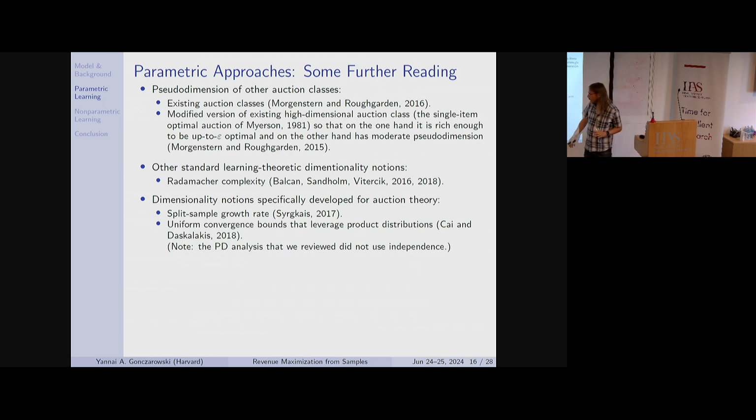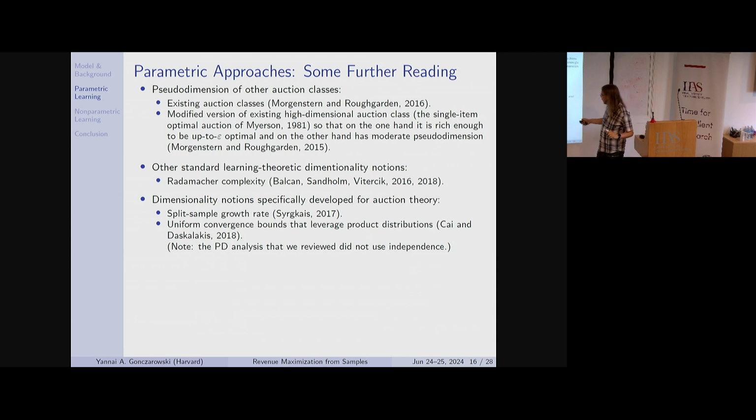Everything I did today, I did not assume independence at all. The only place we assumed independence of the valuations is to apply Moshe's theorem that gives 1/6. The analysis I gave you with the pseudo-dimension did not need that at all.